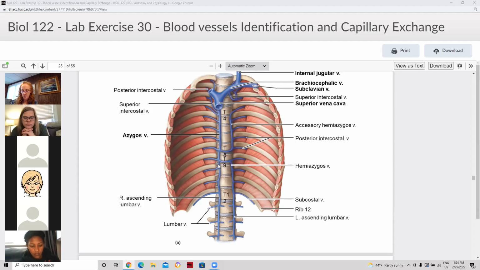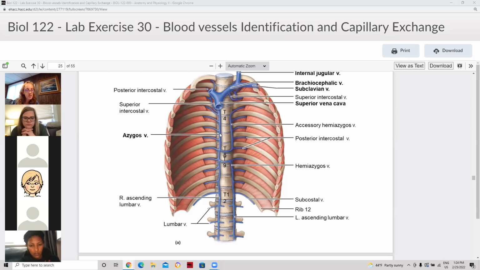Azygos. I think I might have actually done it in the past. Not being paired. I knew that's what it meant. Not being paired. So the azygos vein, you only have one azygos vein.